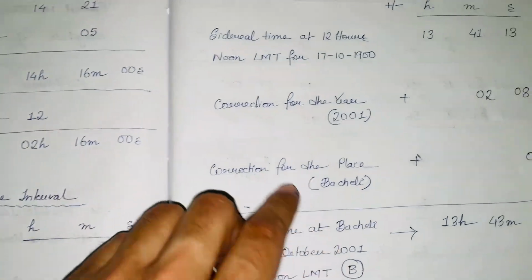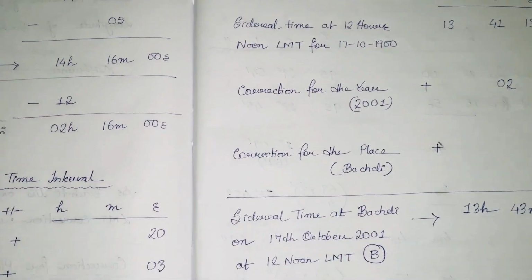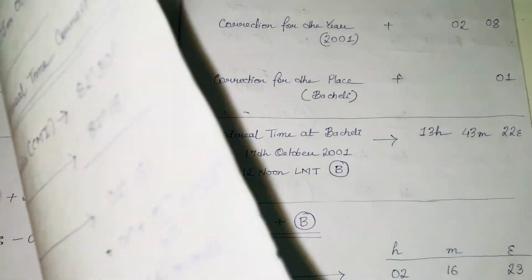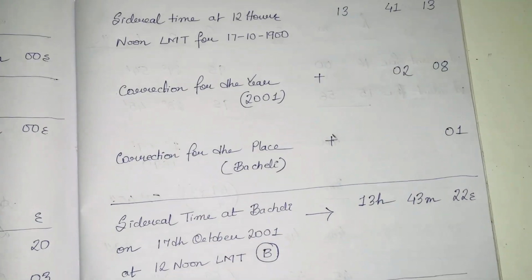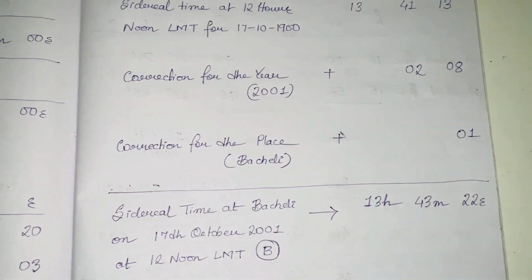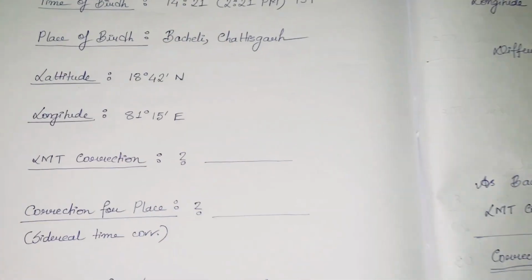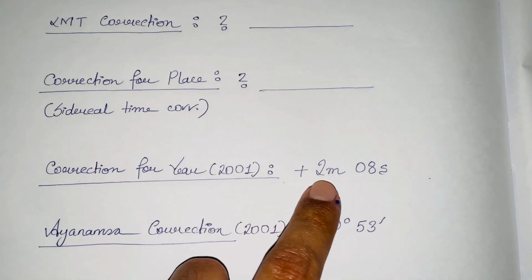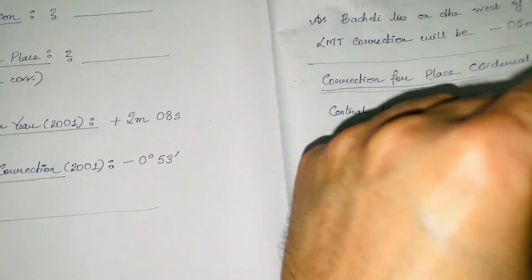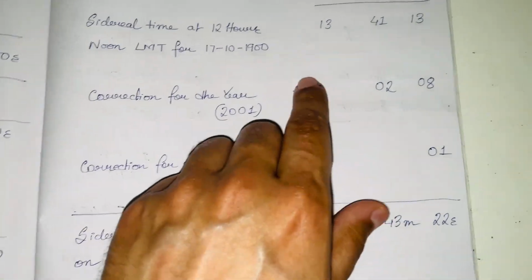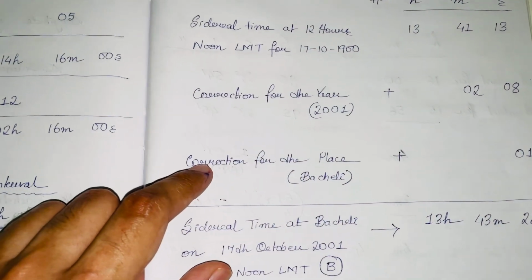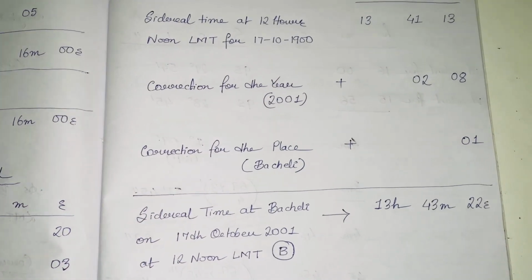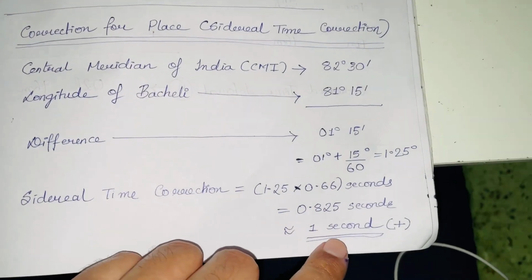The next step is the correction for the year 2001, which we had already calculated just now. Correction for the year 2001 is plus 2 minute and 0.8 second. Now the next thing is the correction for the place BACHELI that we have calculated over here.